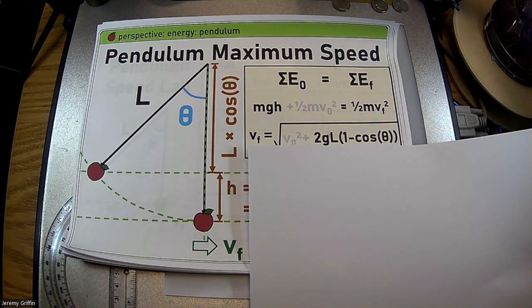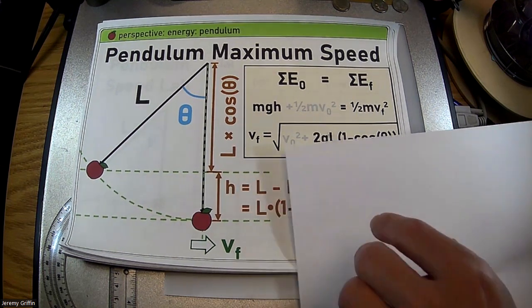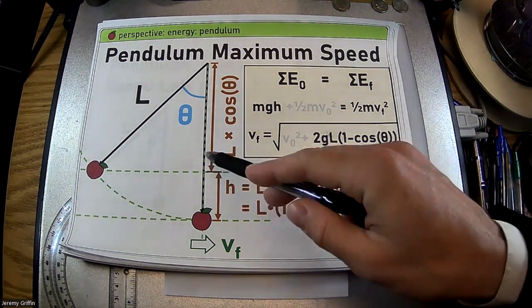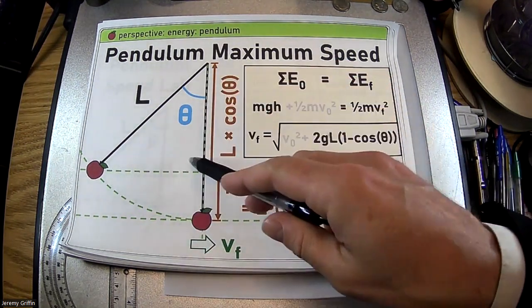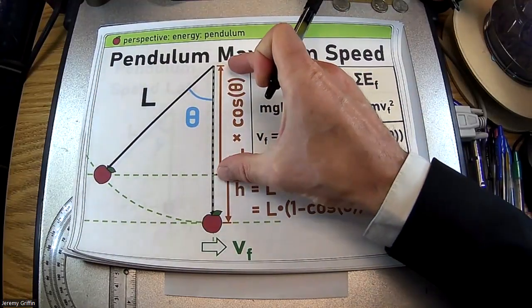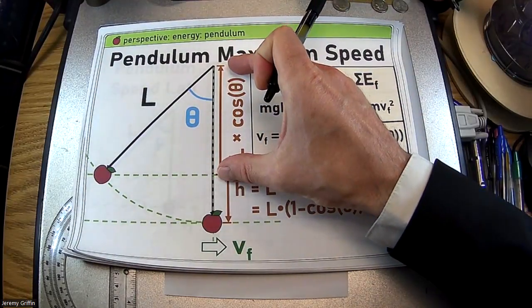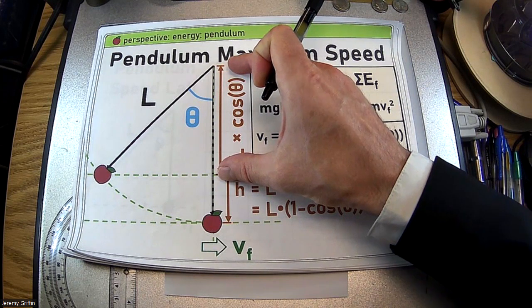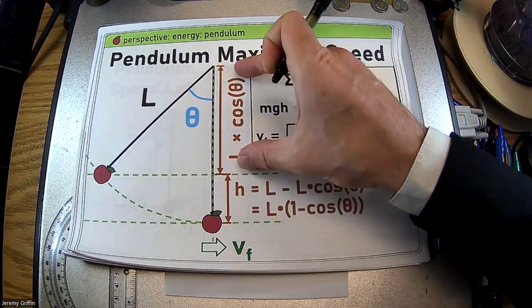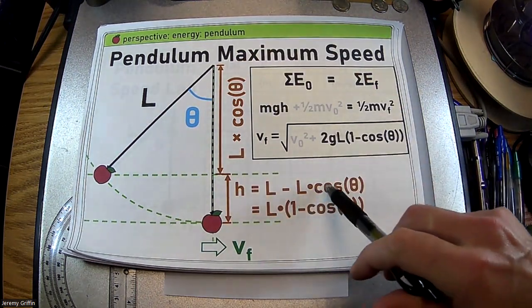Let's say you just did a bunch of substitutions right there. I'm thinking I see a nice triangle here. You guys see a right triangle? So this leg of this right triangle, will that be L cosine theta? You guys see L cosine theta? Therefore, this height change is the difference between the full length and L cosine theta. So I can write that as L minus L cosine theta.